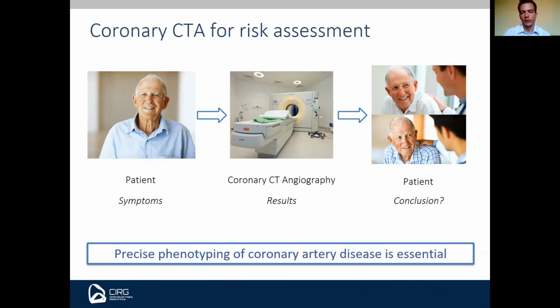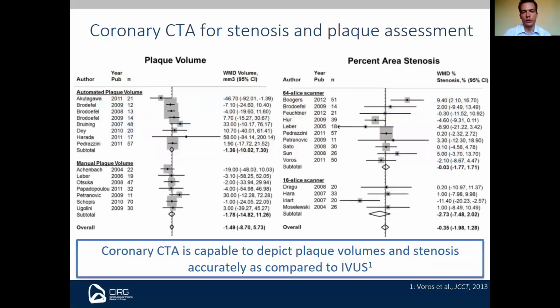So the precise phenotyping of coronary artery disease is essential. As we know, in the clinical setting, we usually grade our plaques regarding stenosis. Several studies have shown that coronary CTA is a robust tool to depict plaque volumes and also stenoses when we compare it to intravascular ultrasound.